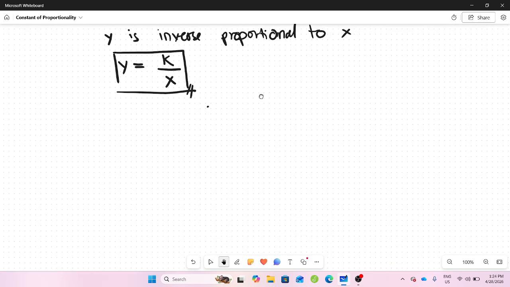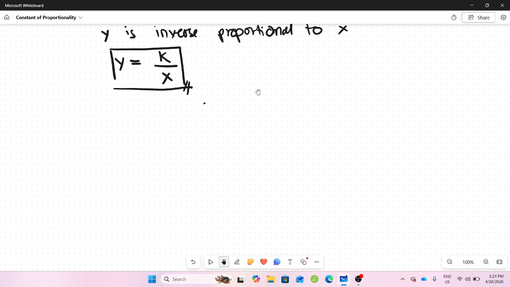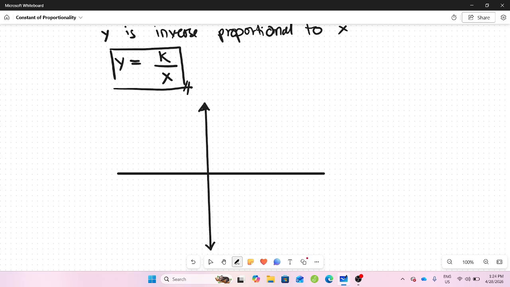Now, if we try to graph this, to make sense of this equation, it would look like this. This is our x, this is our y.